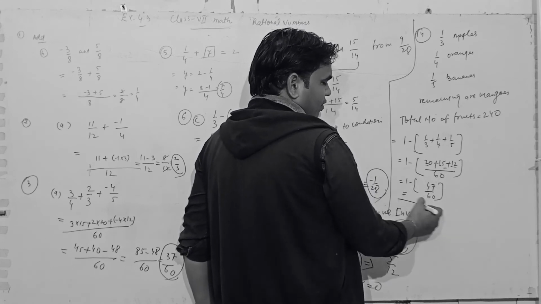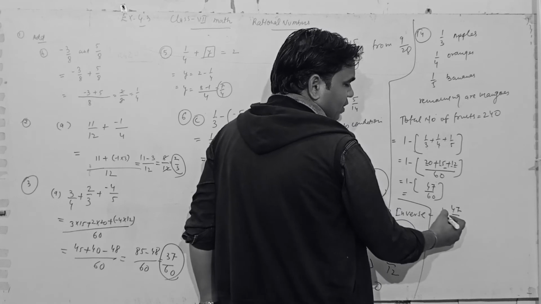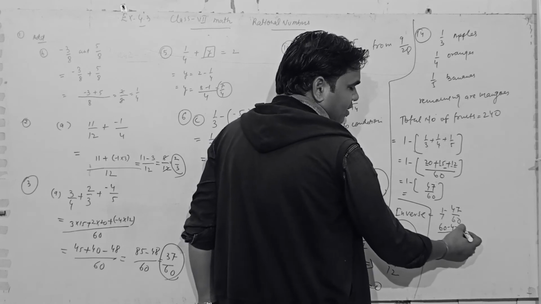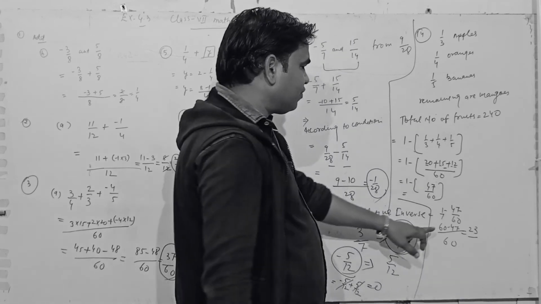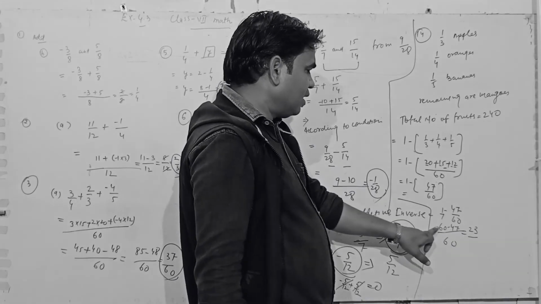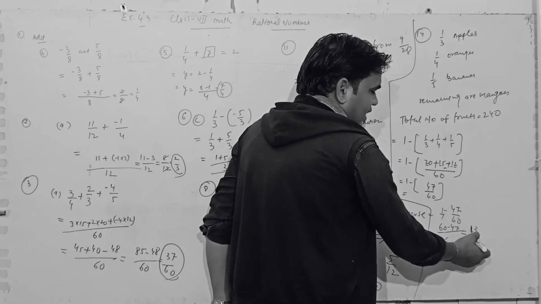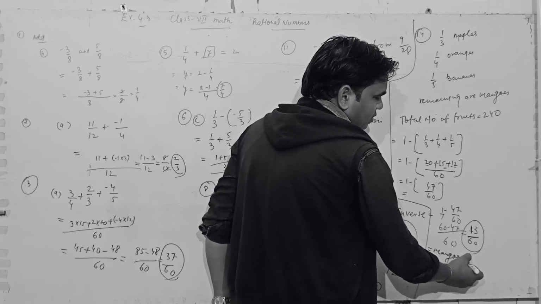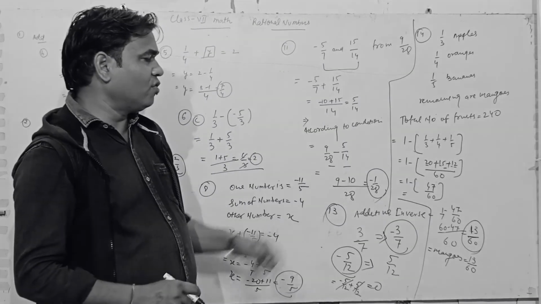So here we can write this 1 minus 47 over 60. So we can take LCM 60. So after that 60 minus 47, we got here 13 over 60. So the mangoes are 13 over 60. So the remaining part of mangoes is 13 over 60.